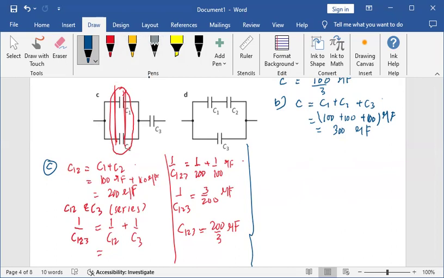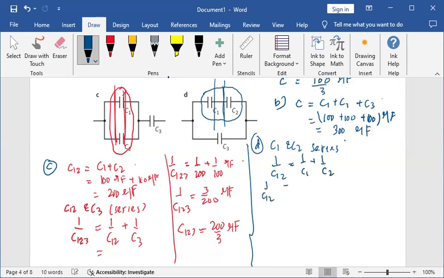So first, we find the total capacitance of C1 and C2, because C1 and C2 are in series: 1 over C12 equals 1 over C1 plus 1 over C2.